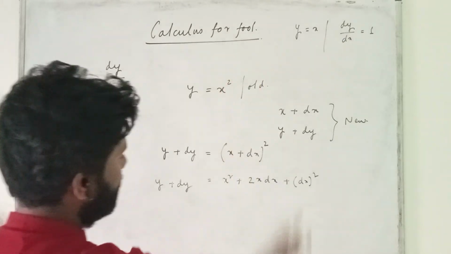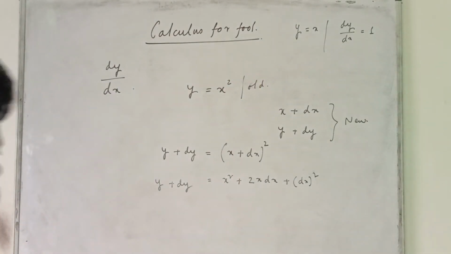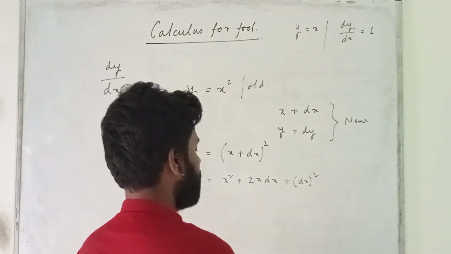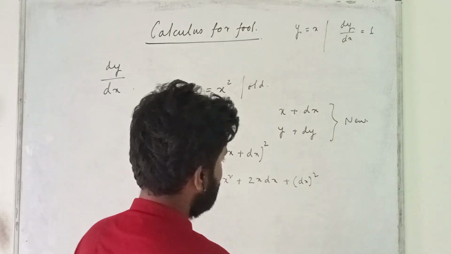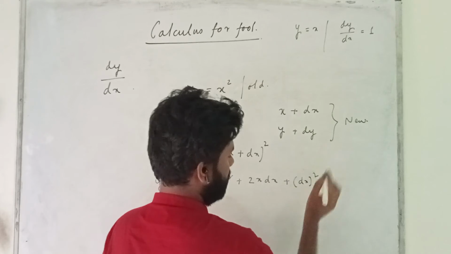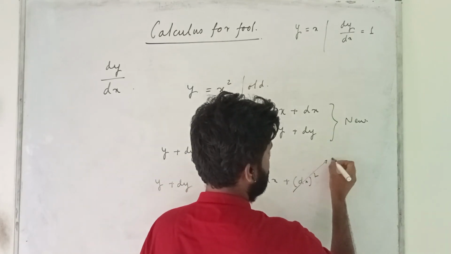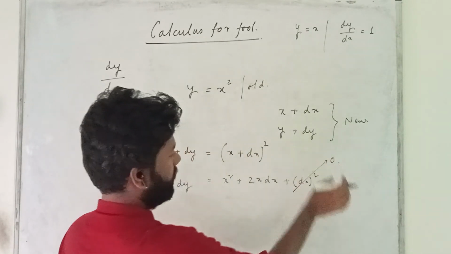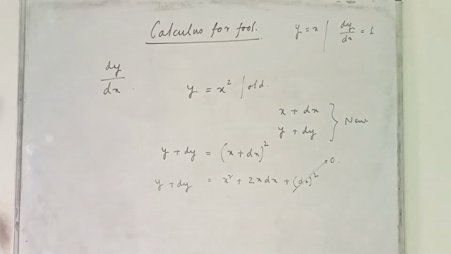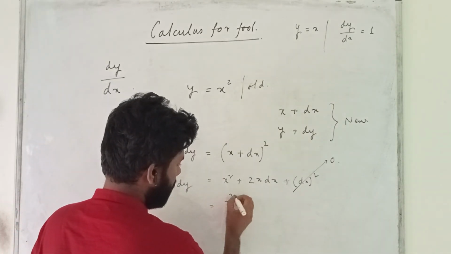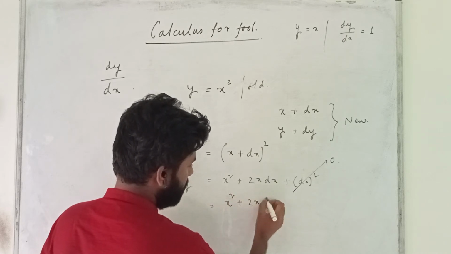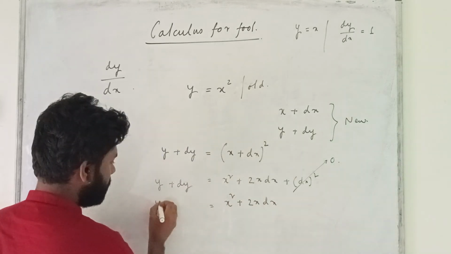And from our previous calculations, dx is a very small quantity, right? So dx squared you can cancel out, because it is very small in comparison with x. So it is x squared plus 2x dx equals y plus dy.